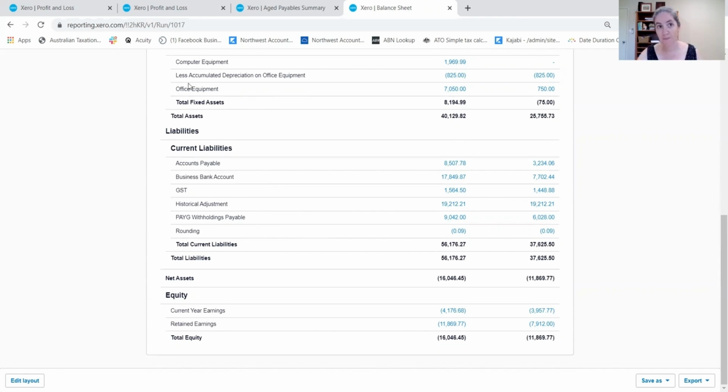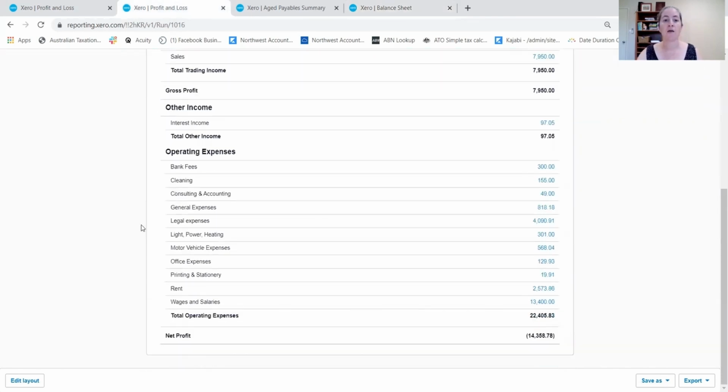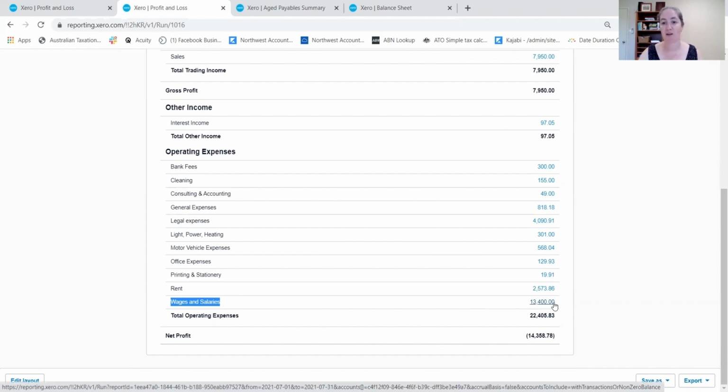for an expense. In saying that, wages and salaries that are showing on your profit and loss are inclusive of the pay-as-you-go withholding, inclusive of the tax, of the wages tax. So $13,400 is not the net amount of wages after tax, not the amount that's coming out of your bank.